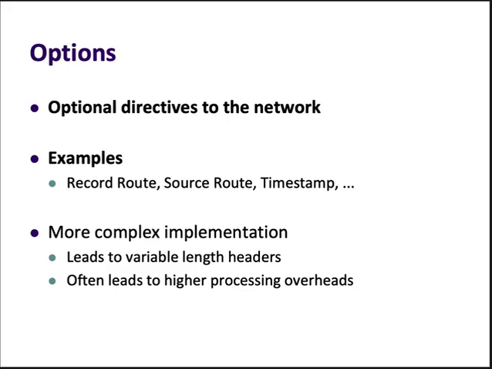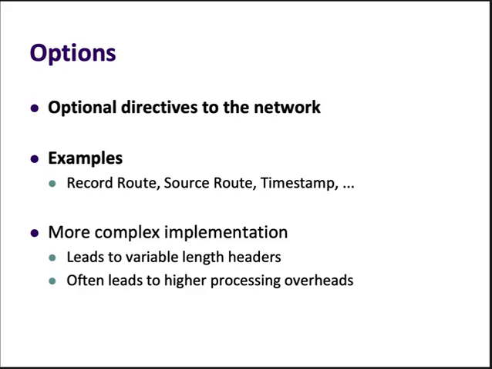Part of the issue with IP options, one was the minute you said, I have a whole set of optional fields, your header length is no longer fixed. Right? Your header length varies. And as you try to build hardware routers that process packets at very high speed, having to deal with variable length headers is complicated because the first thing you have to do is parse exactly what all these bytes are.